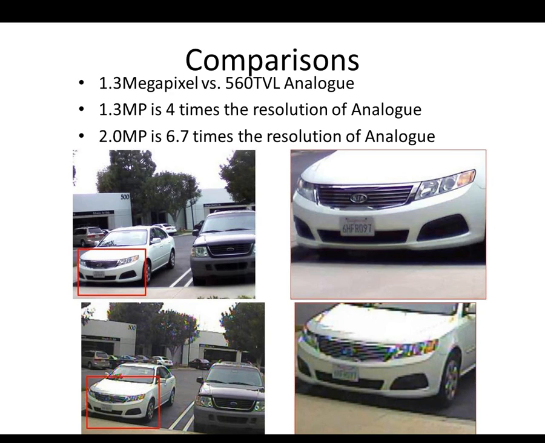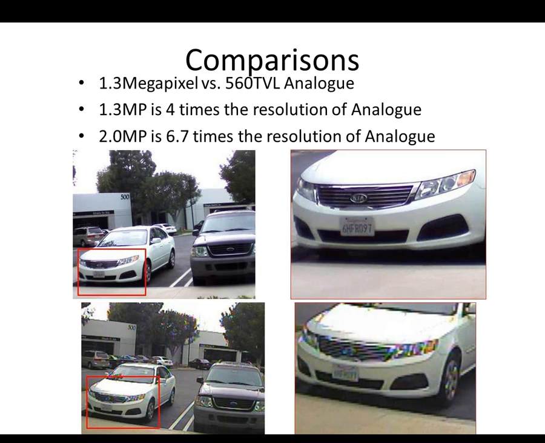Here's a sample comparison of an analog versus an IP camera. 1.3 megapixel versus a 560 TV line analog camera. 1.3 megapixels is 4 times the resolution of analog, while 2 megapixels is 6.7 times the resolution.